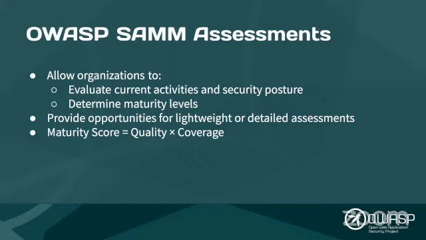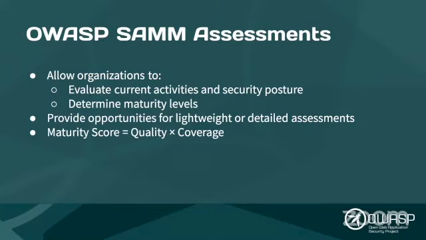Some of these toolkits will allow you to do a very lightweight assessment, meaning you trust the respondent and there's no need to go into artifact gathering or detail gathering, whereas in some of the toolkits you can do much more detailed assessments where you're taking a trust but verify approach. With these assessments, there's a very well-defined maturity scoring process, which is the quality of the assessment score and then the coverage of that.